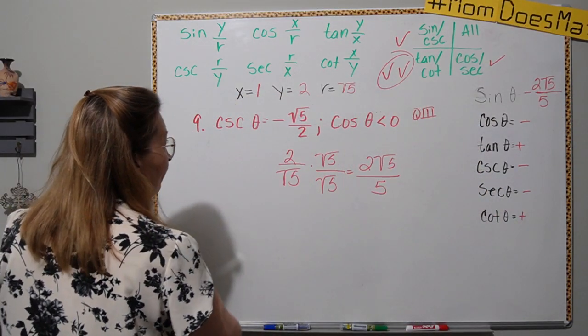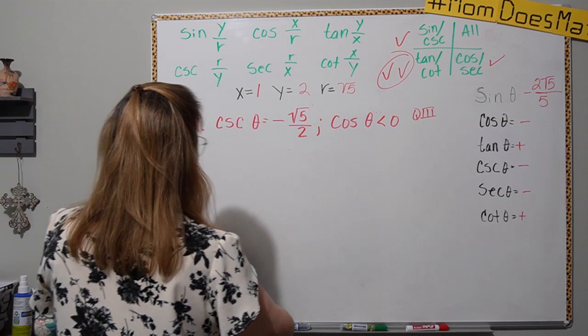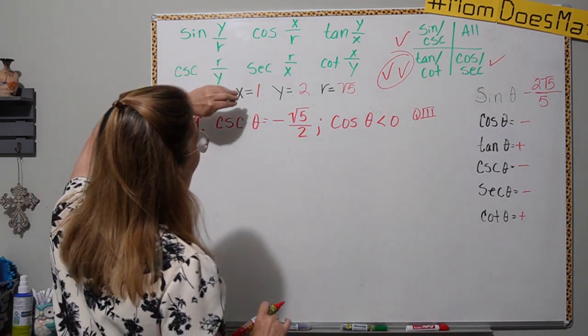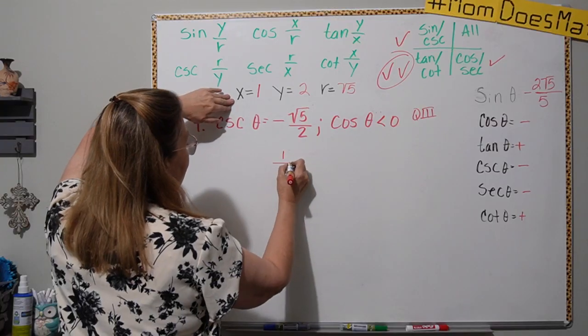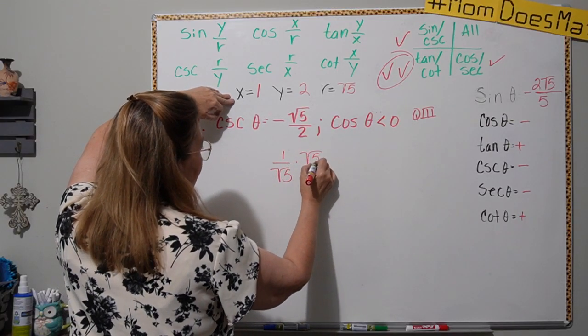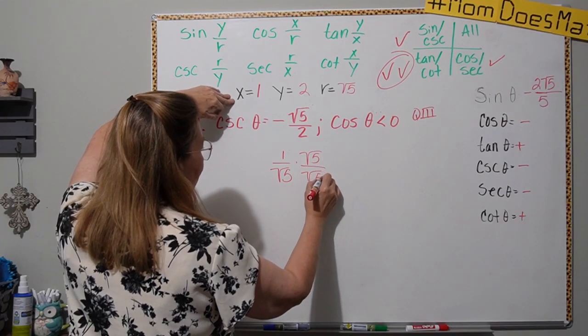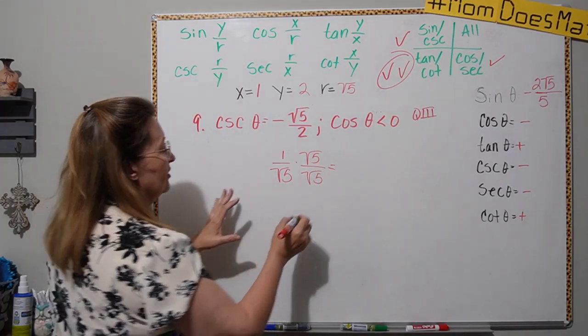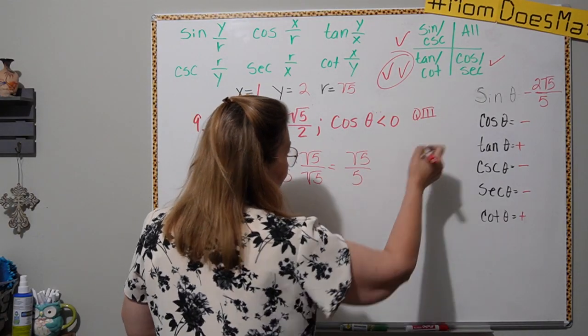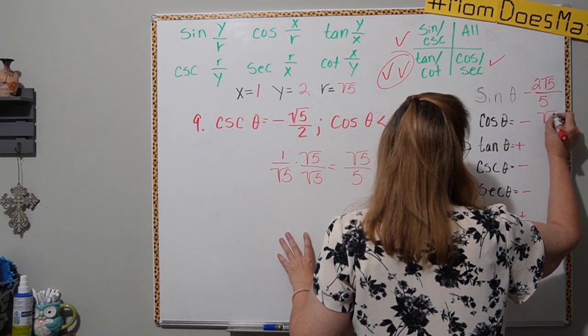Now for cosine. The definition of cosine is x over r. So I've got 1 over square root of 5, which will need to be rationalized. Multiply both of them by square root of 5. So now I'm going to have square root of 5 over 5, and it is negative.